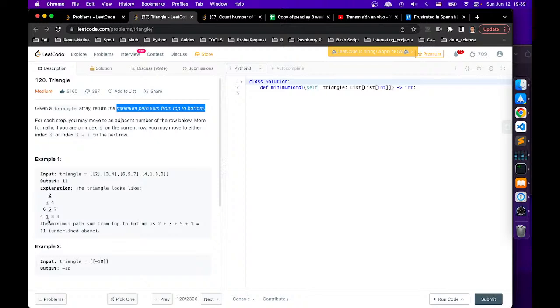It's 10. What the hell happened to my arithmetic? Wait, hold on. It is 11. I don't know what I was doing. It is the minimum. Why did I say maximum? I don't understand. The minimum. That's 11, 10, and 13. It's the minimum. And here is 15.